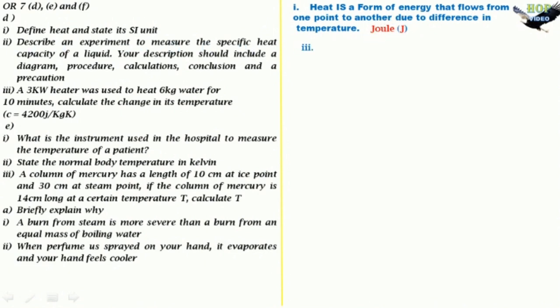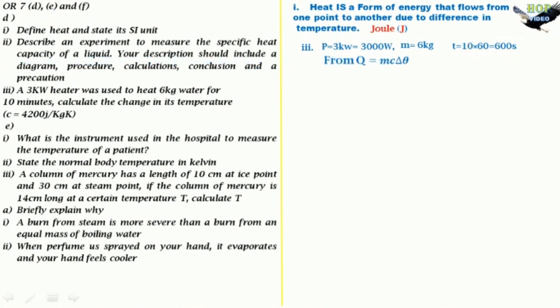Let's go to the third part, since I said the second part is omitted. In the question, we have been given the power as 3 kilowatt, which is the same as 3000 watts. We have the mass as 6 kilogram and the time as 10 minutes, which we convert to seconds and gives us 600 seconds.